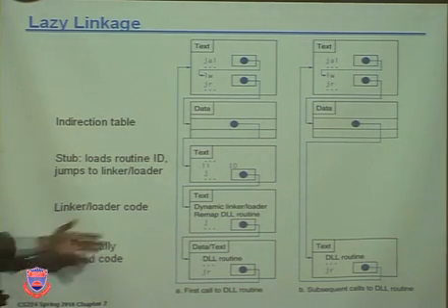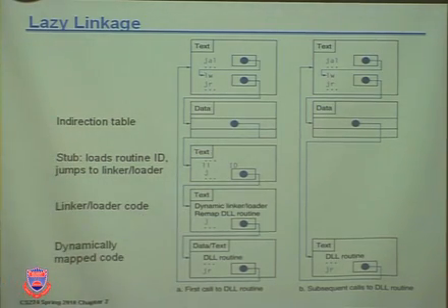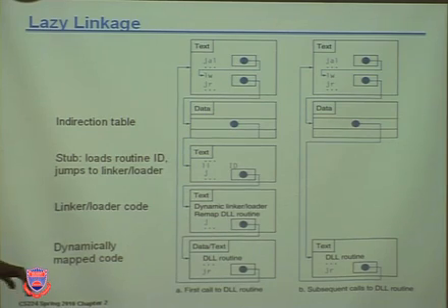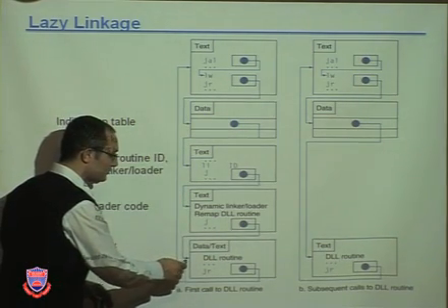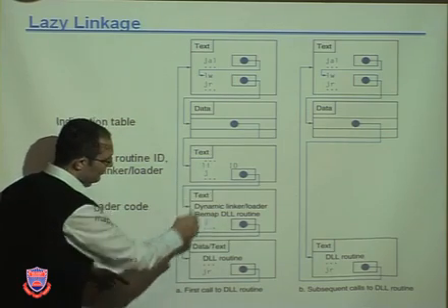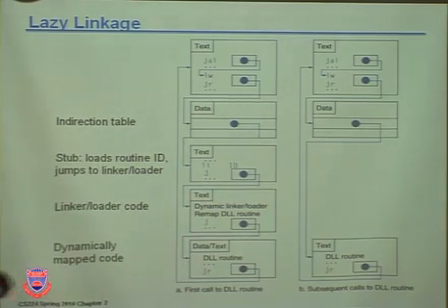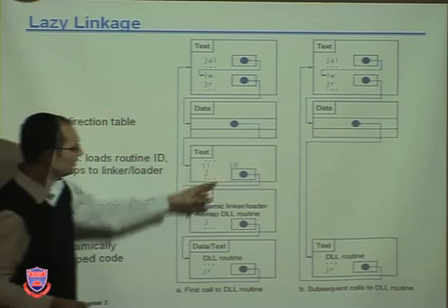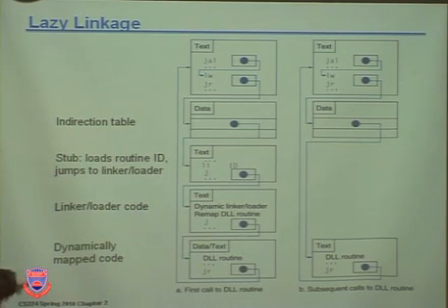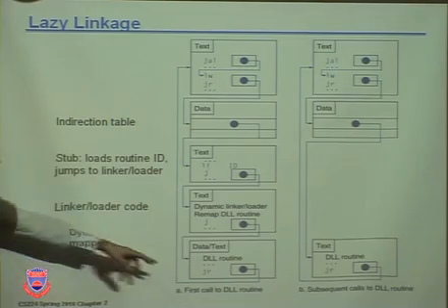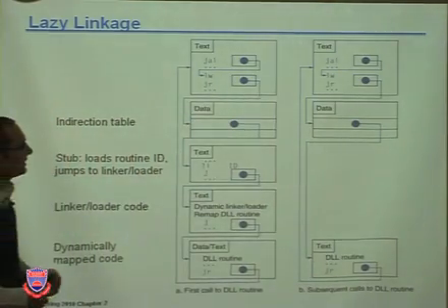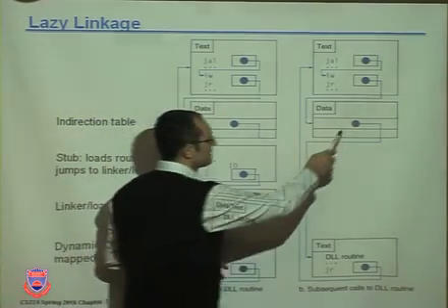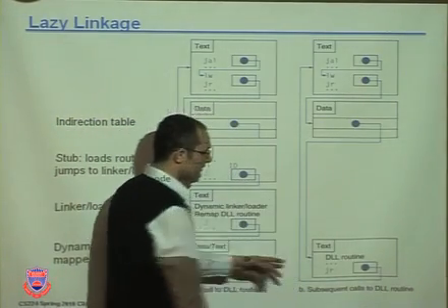So if you happen to access this dynamically loaded library, the first time you have to go through all these steps and then access the DLL routine through many memory indirections, as shown here. However, once you locate the DLL routine's place, the subsequent calls will be a lot easier. Now you would know the address where your library is actually connected, the DLL routine.